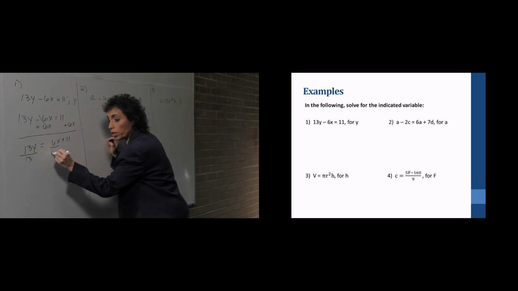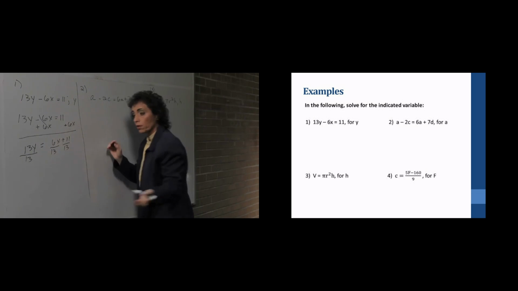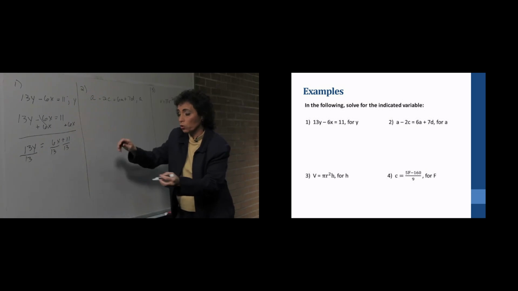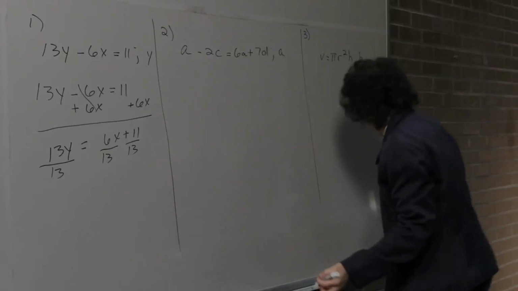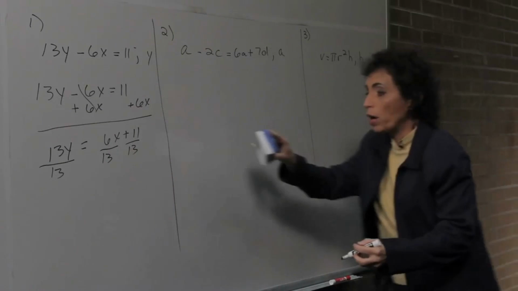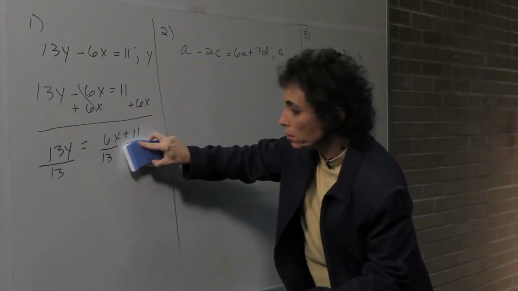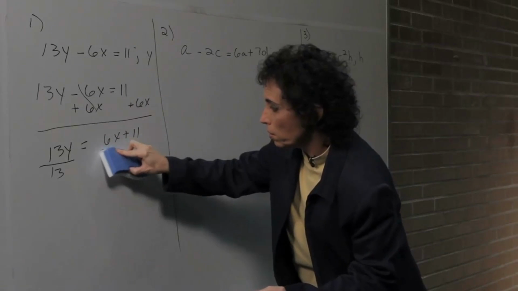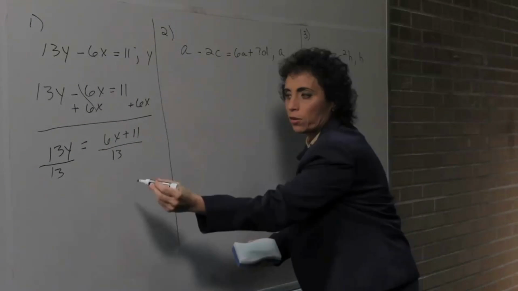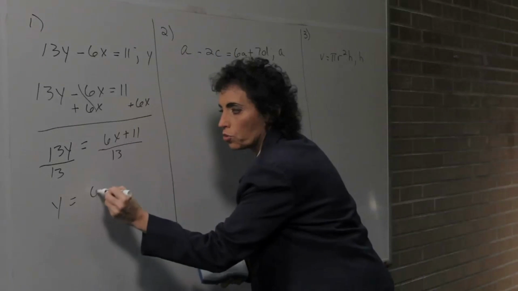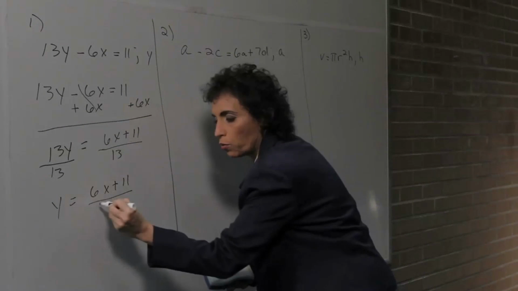Now listen, we could do this. That's fine because every term is the whole side. Or we could do this. Either way, watch, the same thing. We could do that, or we can do this, because I can't reduce here anyway, and we get y equals 6x plus 11 over 13.